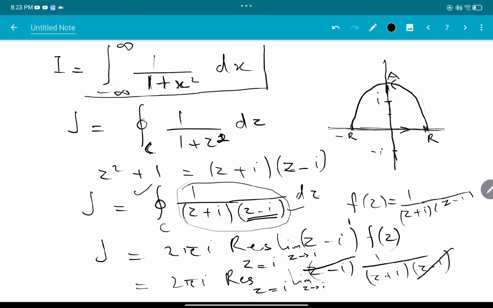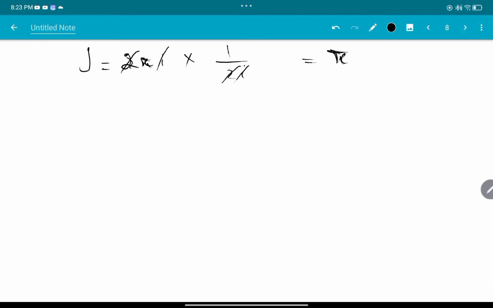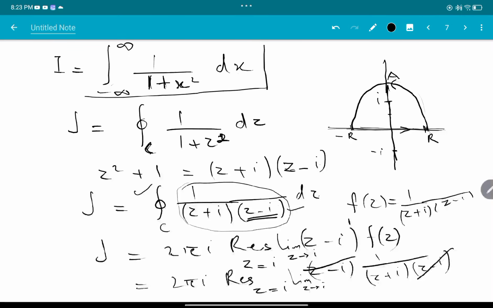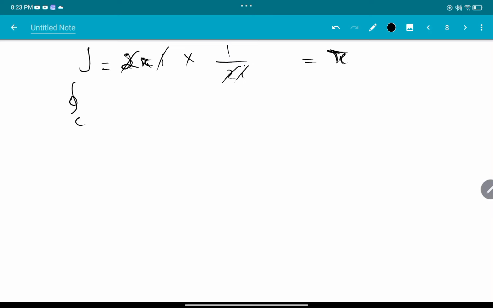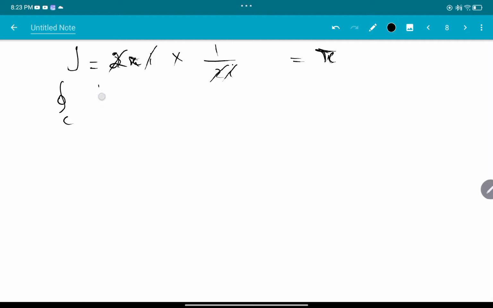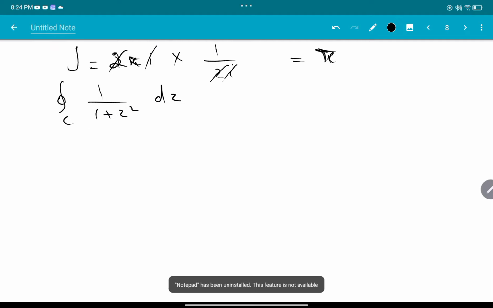We have calculated the value of this J, the loop integral over C of f(z), that is 1 by (z square plus 1) dz, and I found it equal to pi.